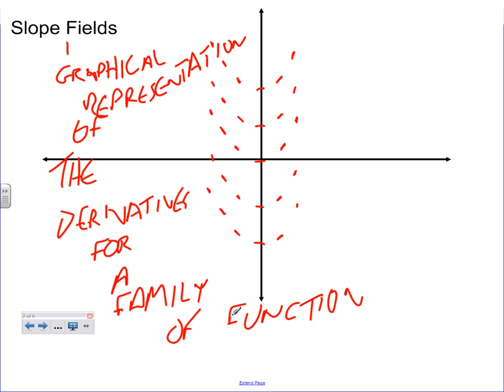So what we've done is we just took the derivatives, the tangent lines, and put them all in here. If you were just to see this slope field, you might be able to pick up that there are parabolas in there. I'm sure you'd be able to do it. So a slope field is a graphical representation of the derivative of a family of functions.